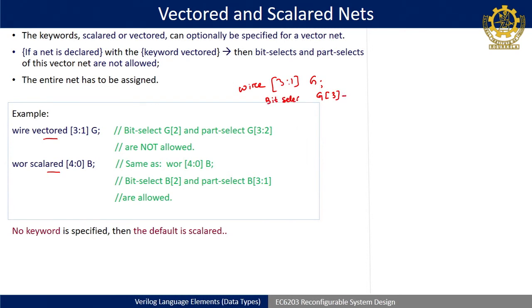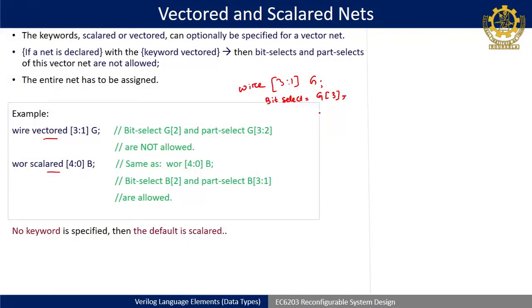That means I am selecting a particular bit which I can assign a value to, or use with another bit and assign to another variable or signal. Similarly, if I write g[3:2], this is called part select. If you want to use a part of the vector, it is called part select. If you want to use a single bit of a vector, it is called bit select.